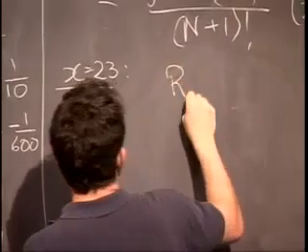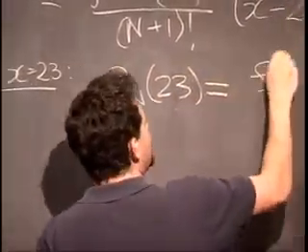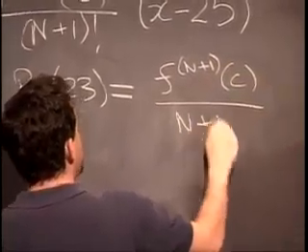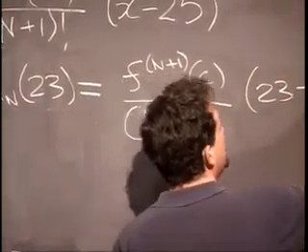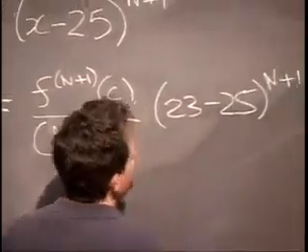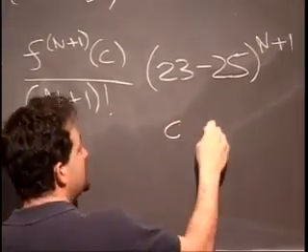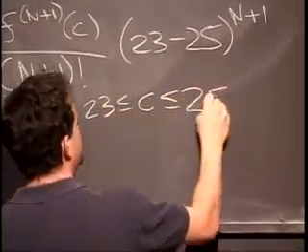So we have R_n of 23 is, again, the n plus 1th derivative at c over n plus 1 factorial times (23 minus 25) to the n plus 1. And again, c is between x and a. So here, c is between x, which is 23, and 25, which is a.